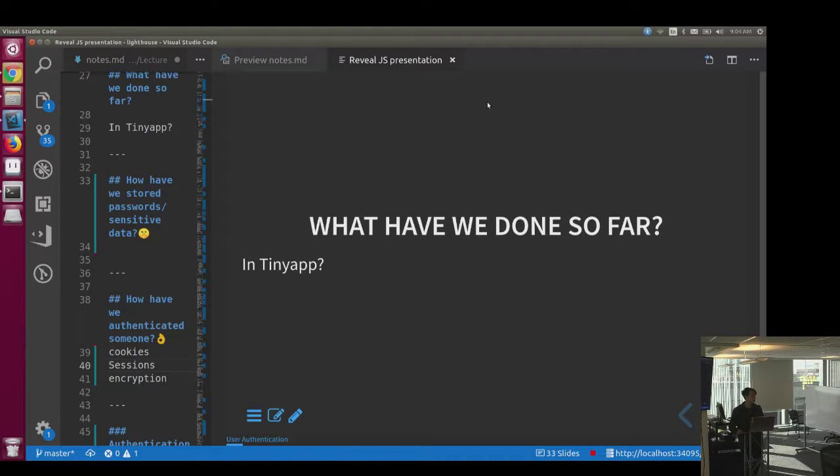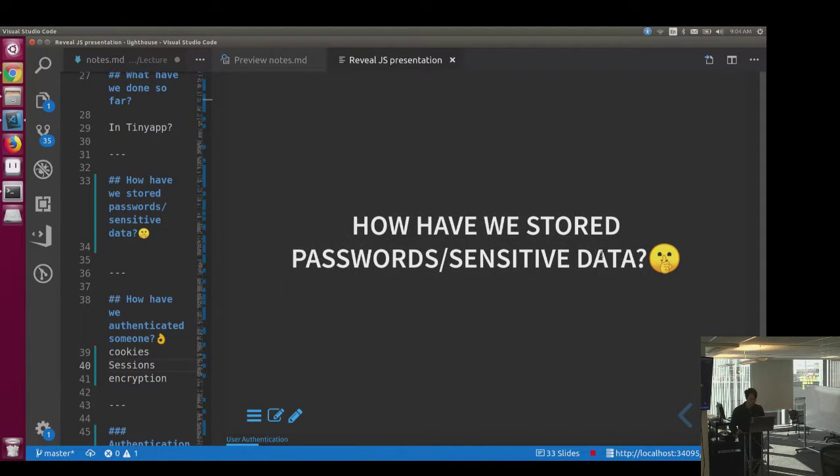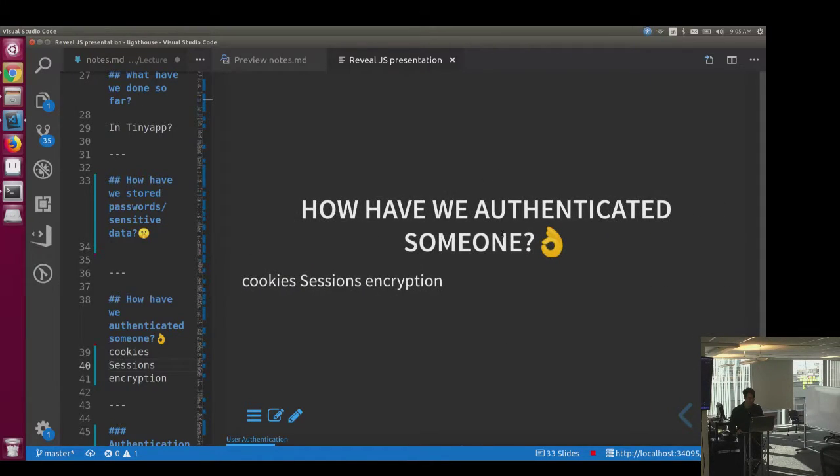Why were we using bcrypt? To save passwords. Yeah. So we stored passwords and sensitive data with bcrypt. We used hashes. And we mentioned some of these things here. We use cookies, sessions to identify someone or to authenticate someone.